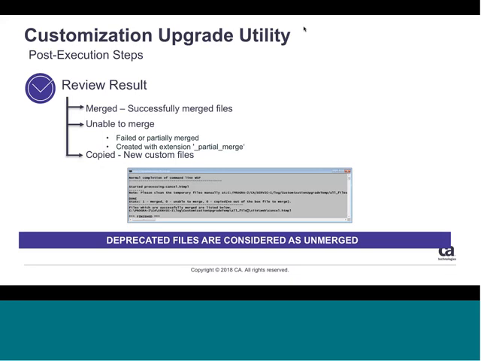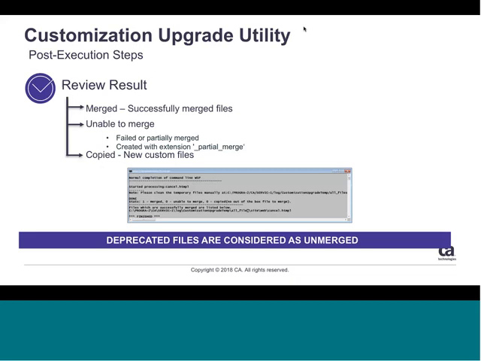To help you out, it will provide you the percentage of successful merge that the utility was able to do, and also an approximate line number where it failed to merge. And once you are done, you can restore your customization onto your site mods, and clear the server cache so that the new changes can start showing up on your UI.